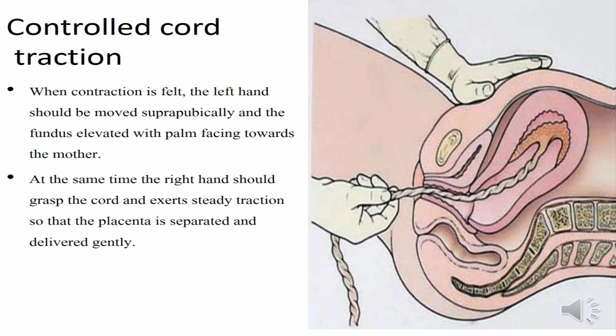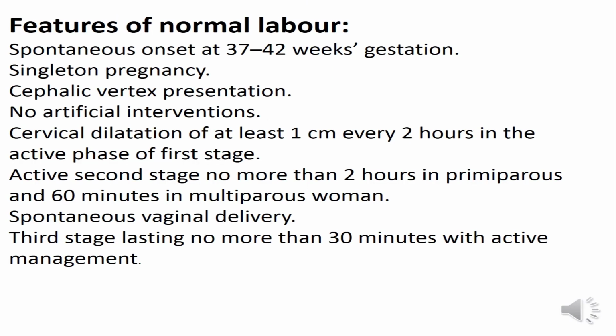Features of normal labor. Spontaneous onset at 37 to 42 weeks gestation. Singleton pregnancy. Cephalic vertex presentation. No artificial interventions.